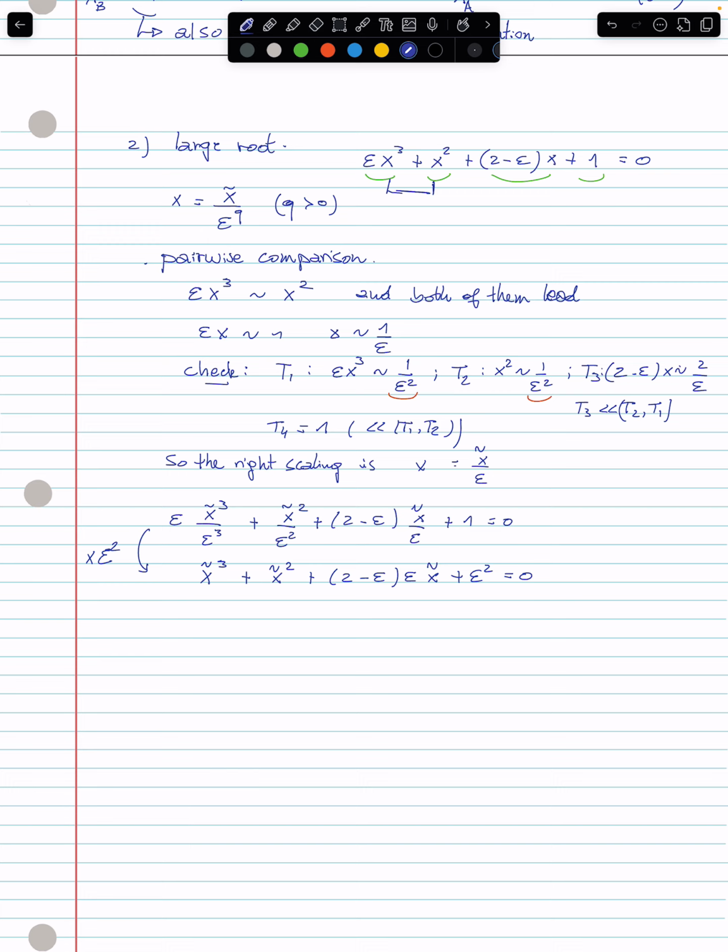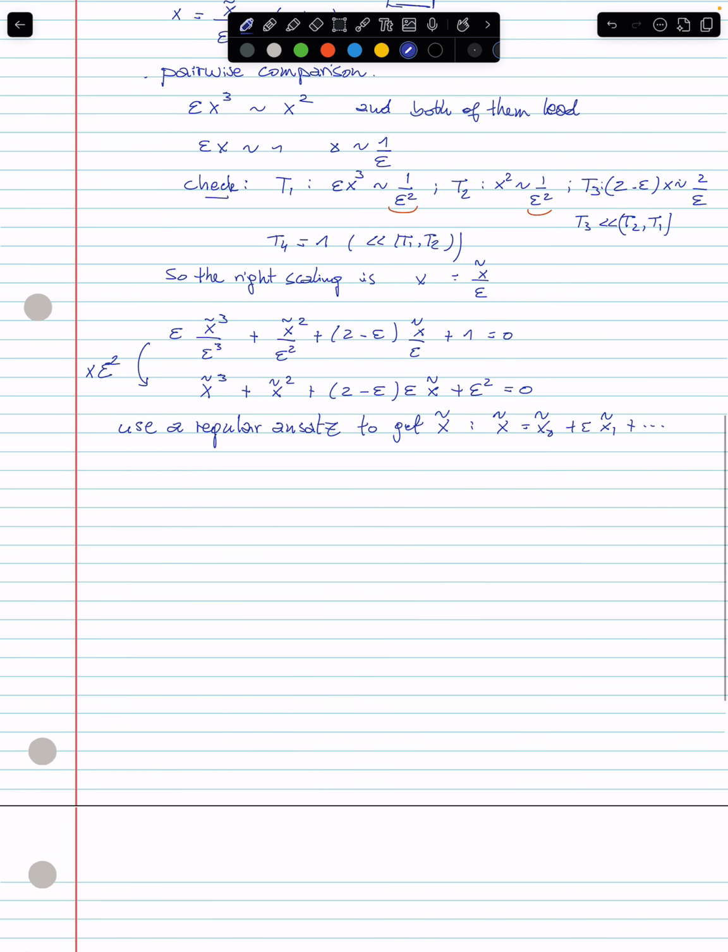We can substitute or use a regular ansatz to get or to determine x tilde. So we can say x tilde is equal to x0 plus epsilon x1 and so on, hoping that just these two terms will be enough to do the job.